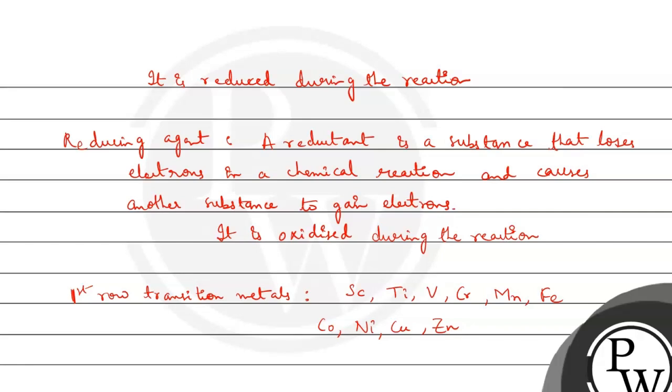So these are the first row transition elements. Now among these we'll react with two of them and try to understand both the properties. So H2O2, that is hydrogen peroxide, as an oxidizing agent. For that we'll see a particular reaction.